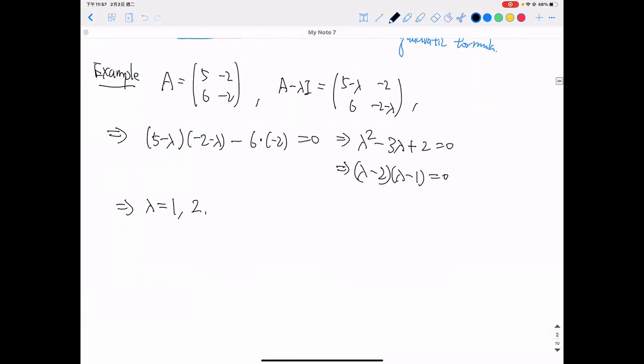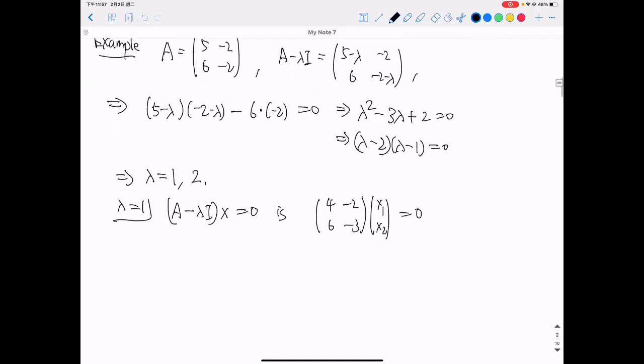Now, for lambda equals 1, you want to consider the system A minus lambda I times x equals 0, right? When lambda is 1, A minus lambda I is 4, minus 2, 6, minus 3, times x1, x2 equal to 0. You can solve this certainly.